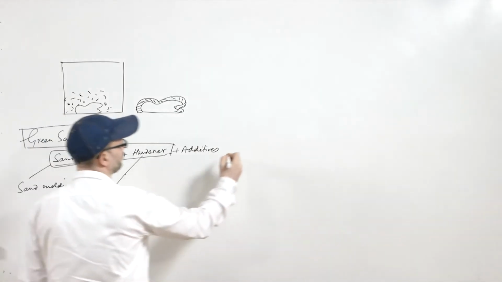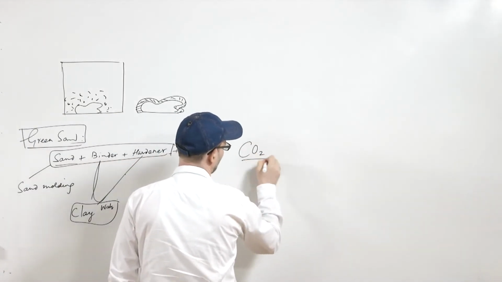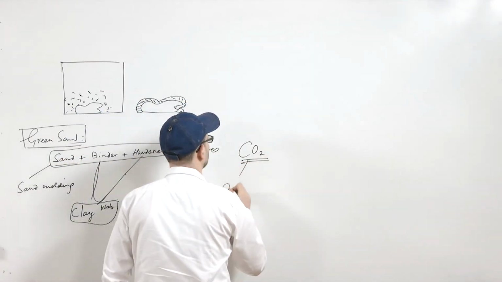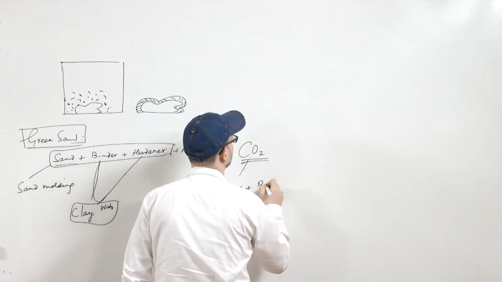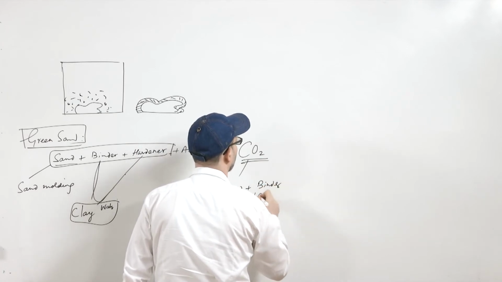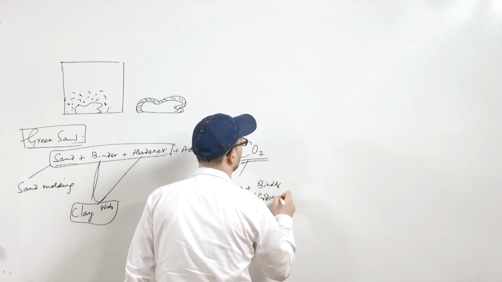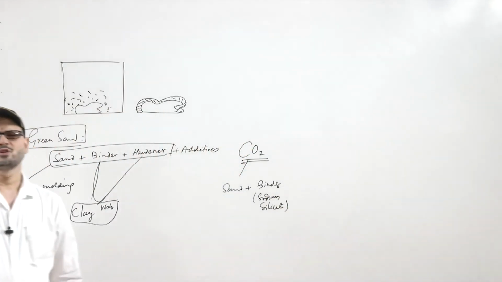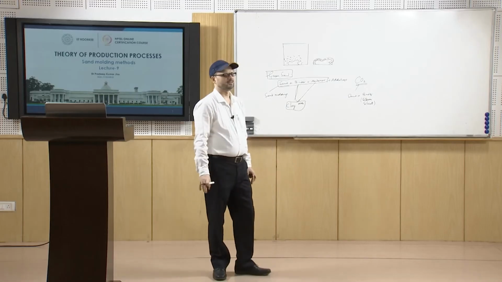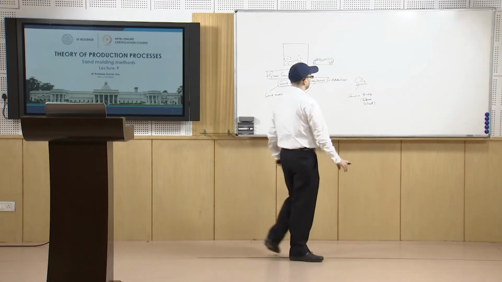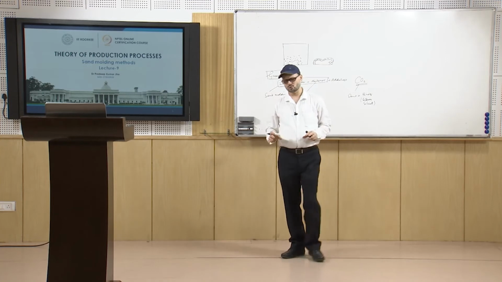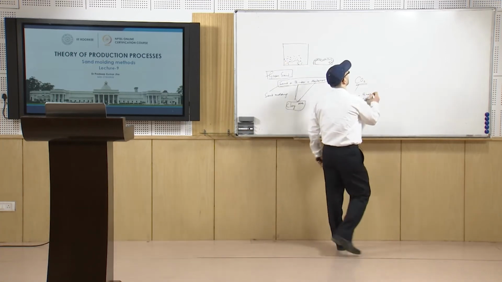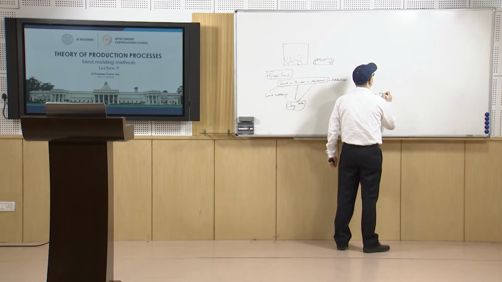Now, in case of CO2 molding, we use sand plus binder, which is sodium silicate. In this case you have some ratio of Na2O and SiO2 in the sodium silicate, and then you put in the hardener as CO2 gas.